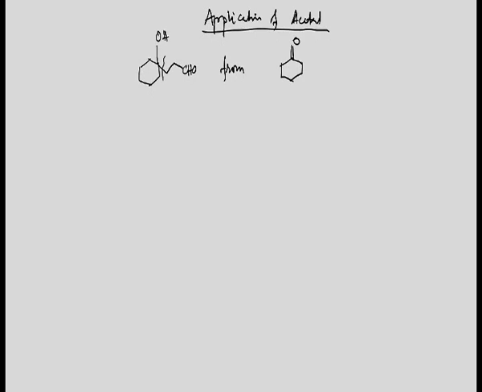If you disconnect here, you need a nucleophile and this is the electrophile, and you can start from this bromo compound, because you need a nucleophile here, and the obvious is the Grignard. If you react this with magnesium, then the aldehyde will react. So first you have to protect this aldehyde group.